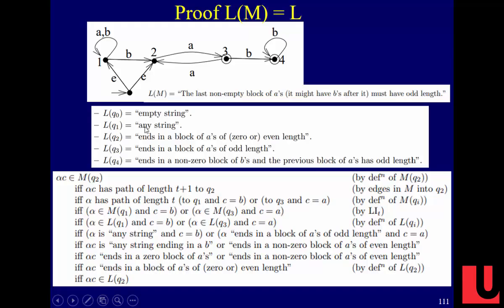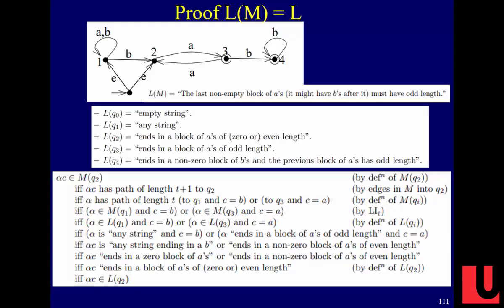That has it, that has it, and actually this has it too, because the empty string ends in a block of 0 A's. The other states don't contain the empty string, because it's an odd number of A's. Everybody buy that?